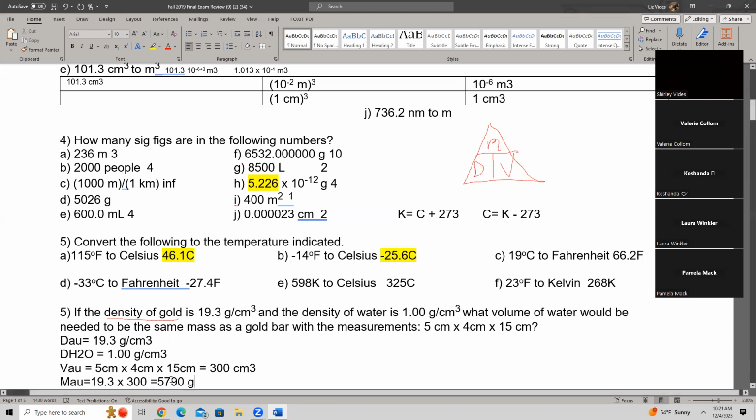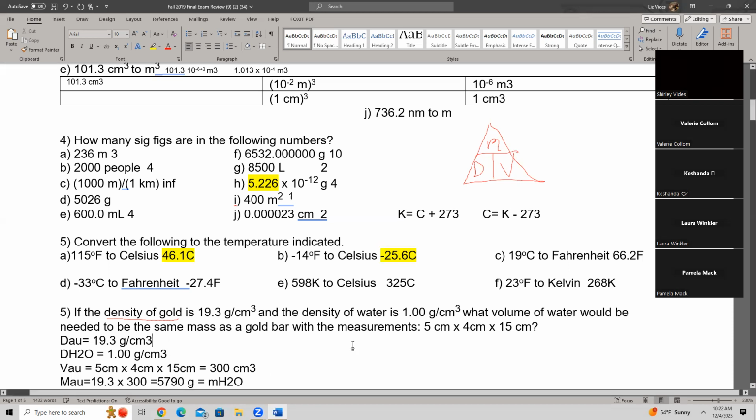All right. So we know that mass of gold is going to be, now we're going to equate this to the mass of water, because that's what it's telling us. So what do we need? We need the volume of water.